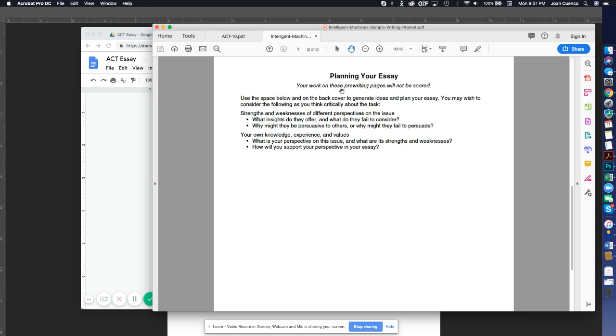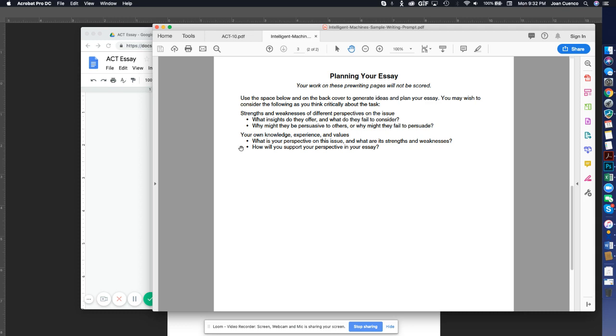Use the space below to generate ideas and plan your essay. You may wish to consider the following as you think critically about the task. Strengths and weaknesses of different perspectives on the issue. Okay, what insight do they offer and what do they fail to consider? Why might this be persuasive to others, or why might it fail to persuade?